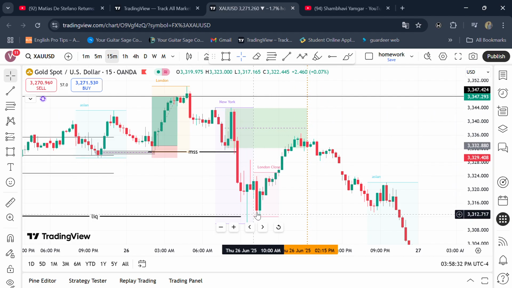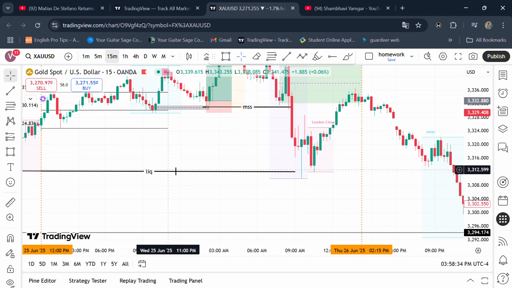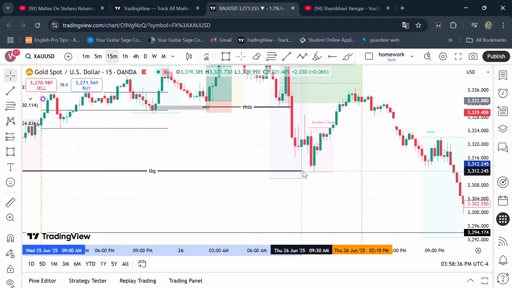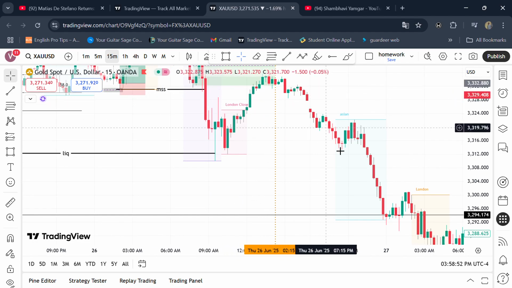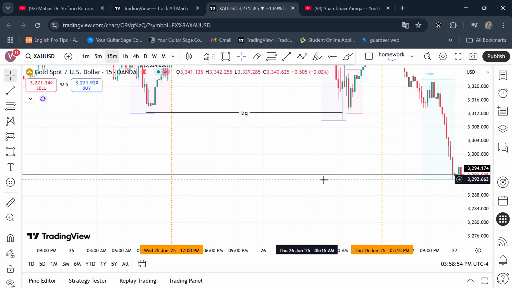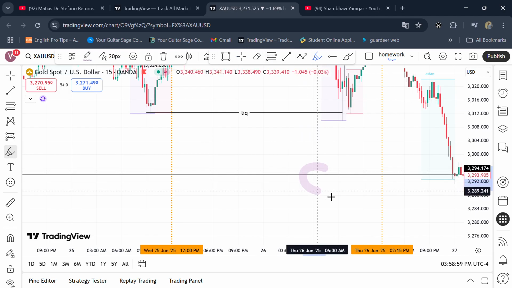We are expecting the price, after grabbing this liquidity, since it has revived itself by grabbing this liquidity, to move in the opposite direction to mitigate these order blocks here and then continue its journey downwards till this larger goal on the daily time frame.